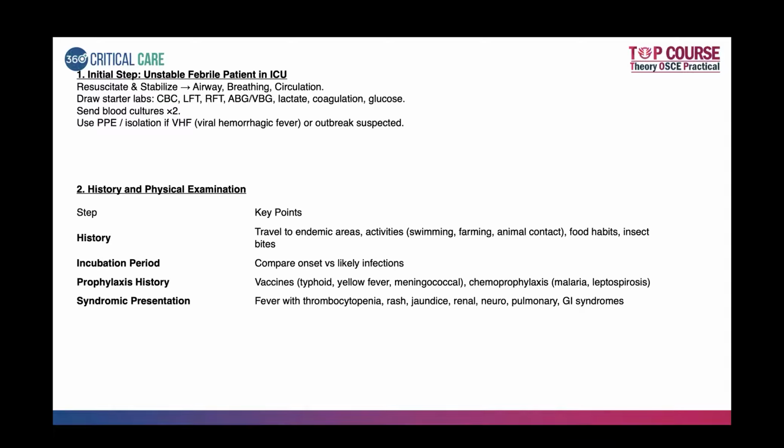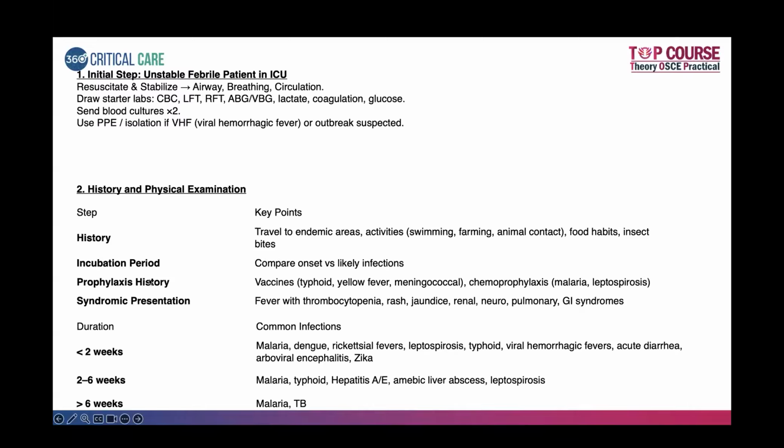Then prophylaxis history, whether vaccinations against typhoid, yellow fever, or meningococcus have been taken, or chemoprophylaxis, especially for malaria or leptospirosis. And look for any pattern of disease, like a syndromic presentation: fever with thrombocytopenia, fever with rash, fever with jaundice, renal involvement, or neurological, pulmonary, or GI syndromes. If any kind of pattern is there, that will also aid in your diagnosis.